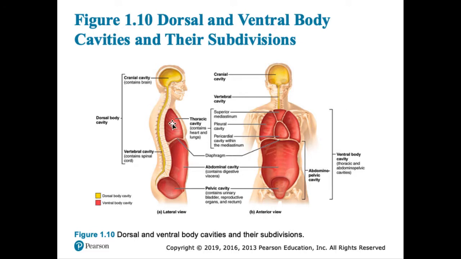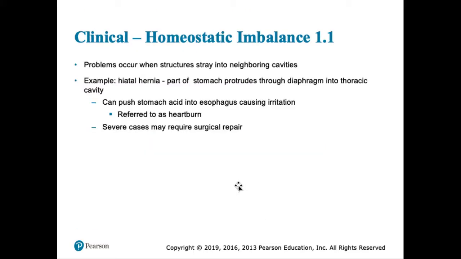You have a thoracic cavity that contains the heart and the lungs, the abdominal cavity that contains the digestive viscera, and the pelvic cavity that contains the bladder, the reproductive systems, the rectum, things like that. Each of these cavities has different subcavities that hold different organs or organ systems.